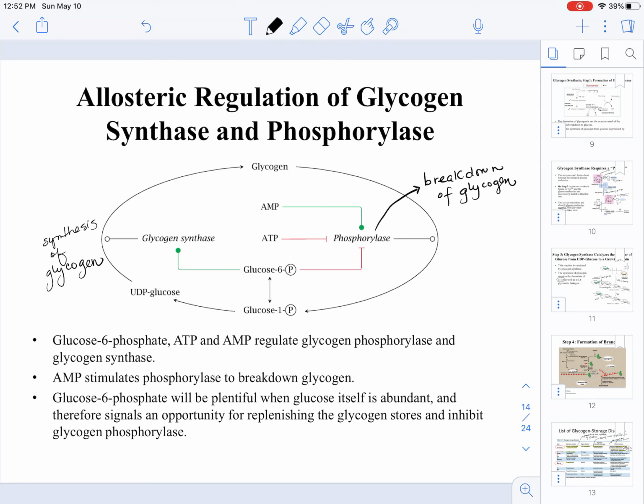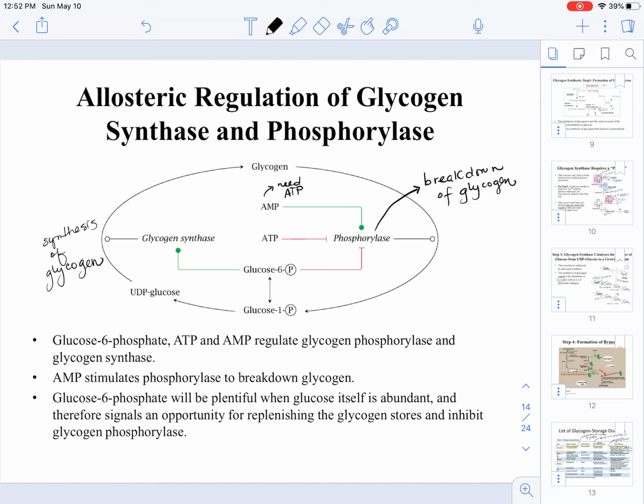So, as you can see, glucose 6-phosphate, ATP, and AMP are going to be regulating glycogen phosphorylase and glycogen synthase. AMP specifically is going to stimulate phosphorylase to break down glycogen. But if we think about it, AMP means that the cell needs ATP.